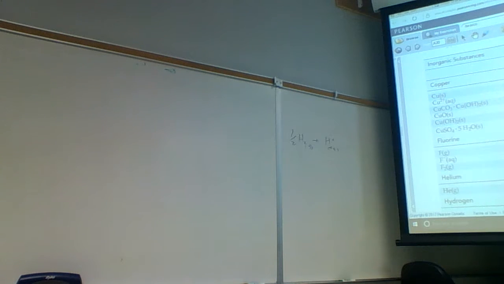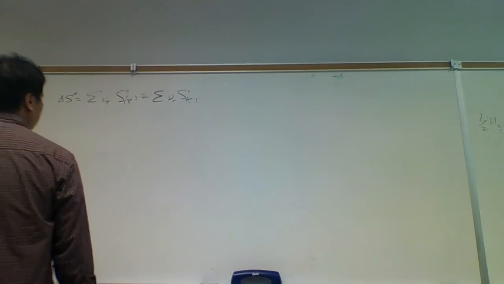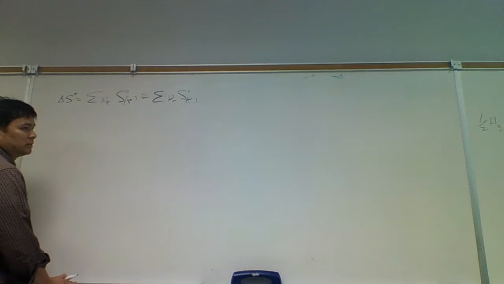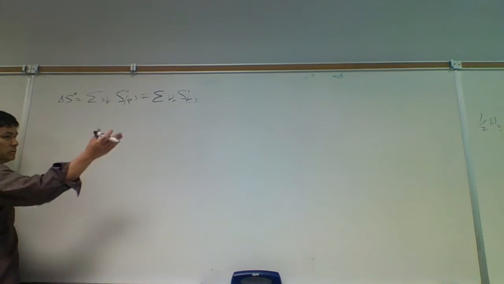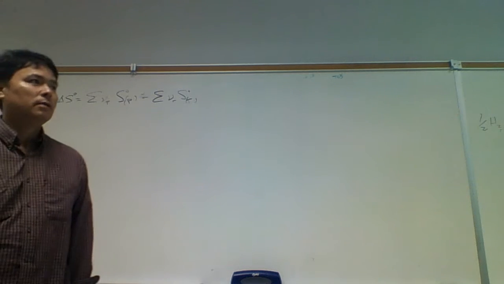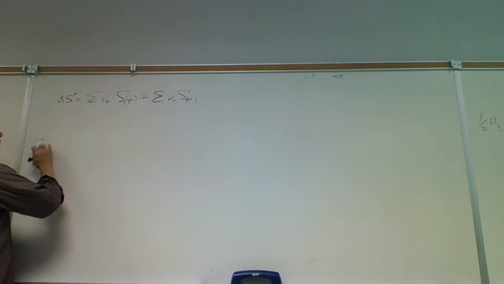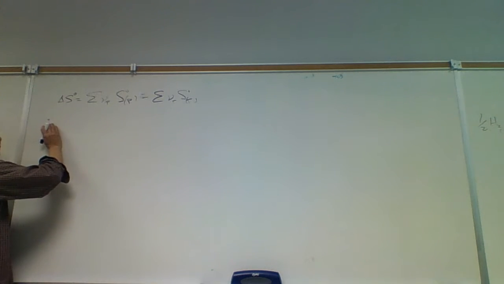And so let's do a quick calculation. The calculations are easy, just like the delta H calculations are easy. But the hard part of all this thermodynamic stuff is understanding what those numbers mean. That's the hard part, because anybody can do the calculation, but not everybody has an in-depth understanding of this weird table here.